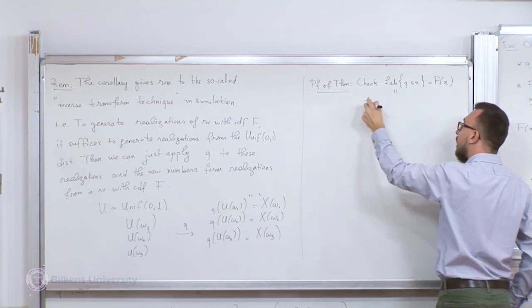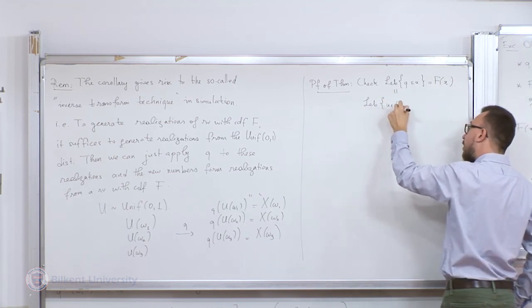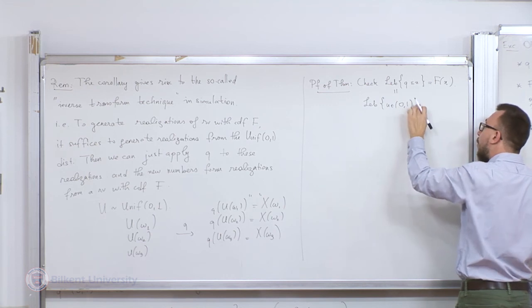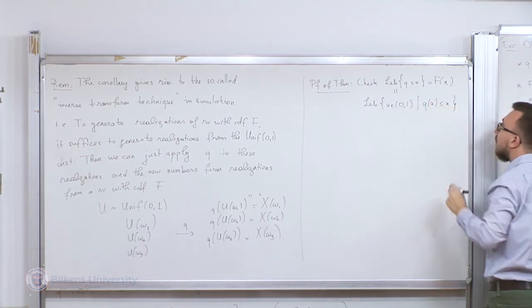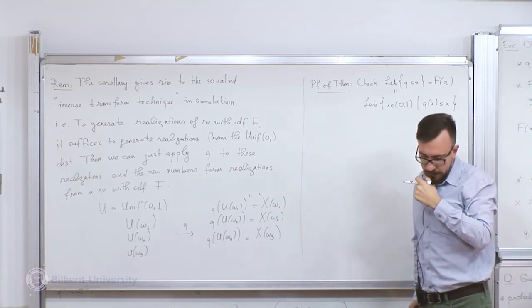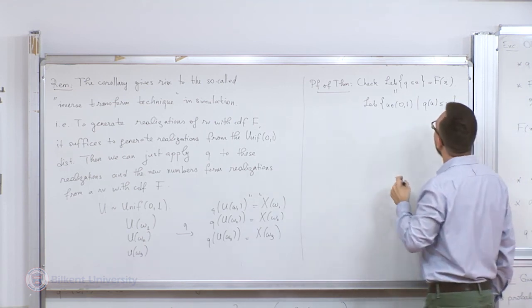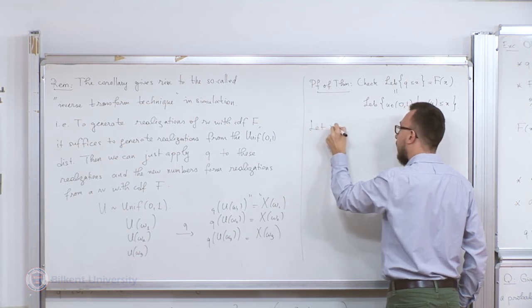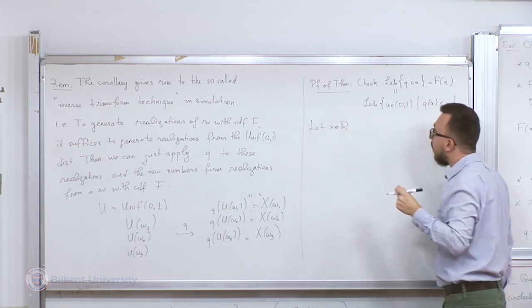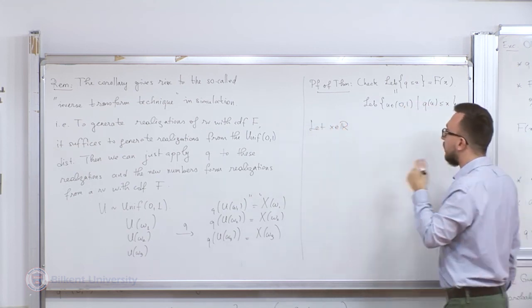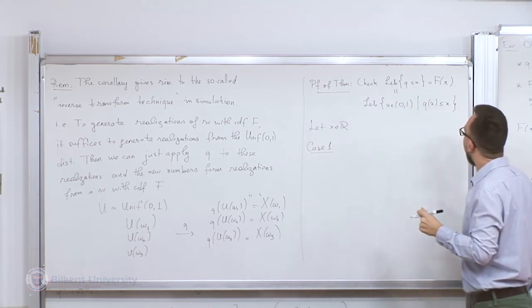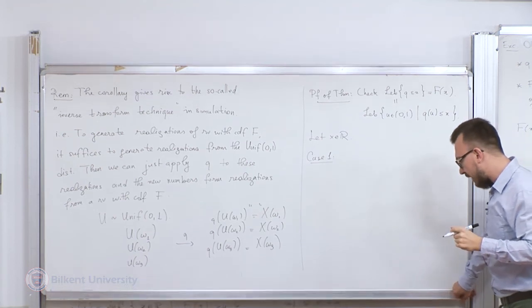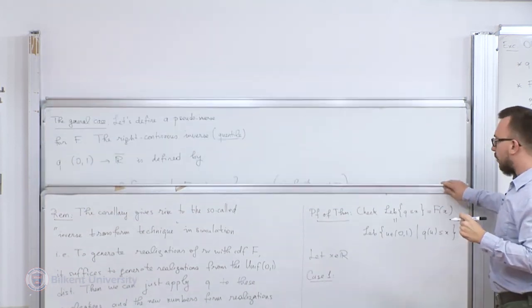And this is the Lebesgue measure of the u's where q of u is less equal x. Okay, so let's fix some x, and we're going to look at two cases. So what is q of u less equal x?